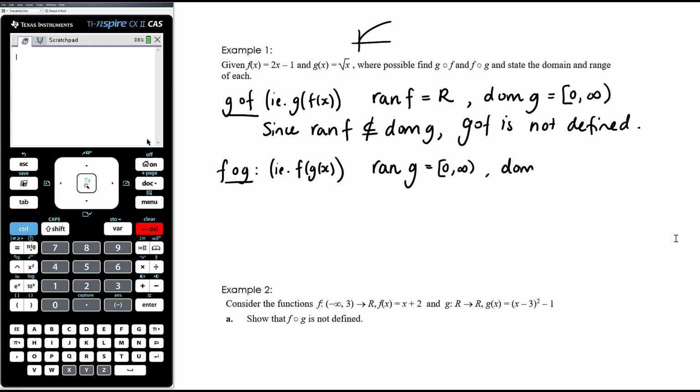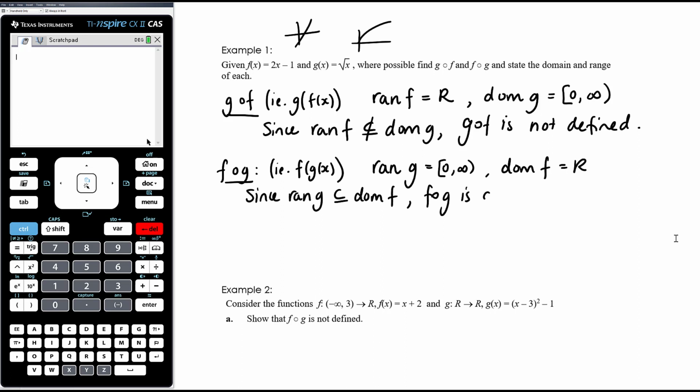And the domain of f, that's a straight line graph, so the domain is just R. In this instance the range of g is a subset of the domain of f, and so the composition will exist. Since the range of g is a subset of the domain of f, fog is defined.